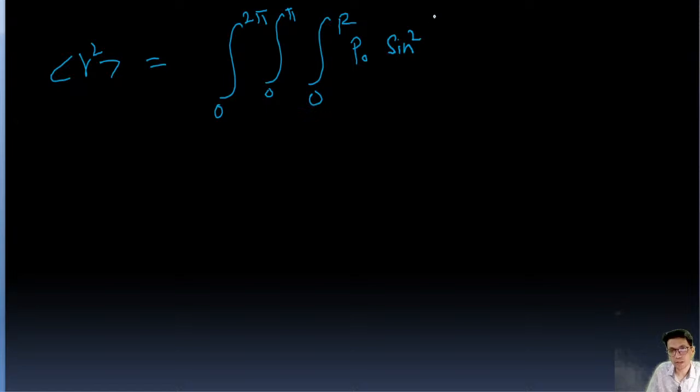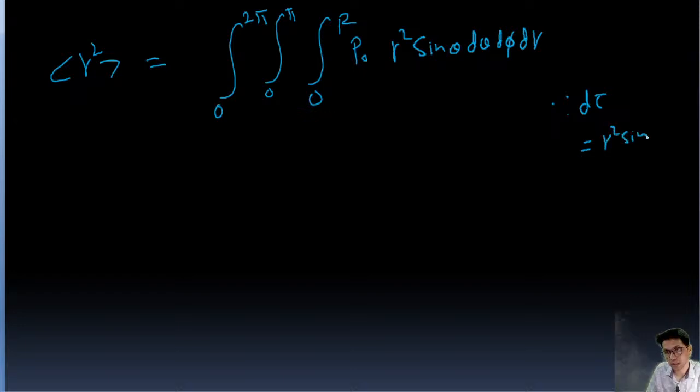We have converted in spherical coordinates, so my apologies, it's r square sine theta d theta d phi and dr, since d tau value in spherical coordinates is r square sine theta d theta d phi dr. Okay, important one.